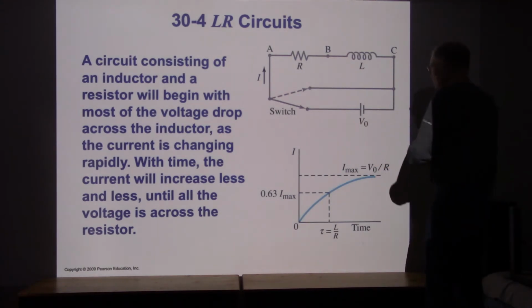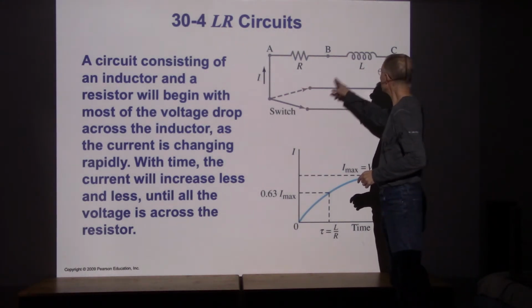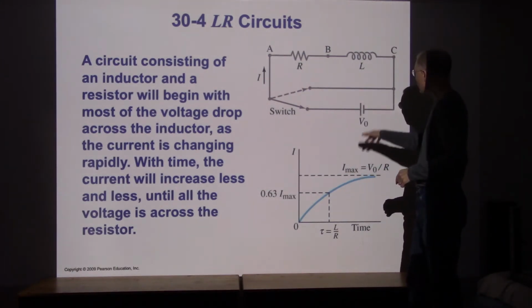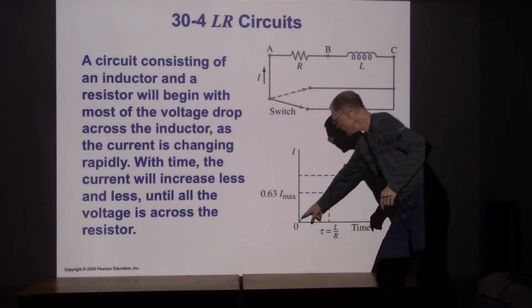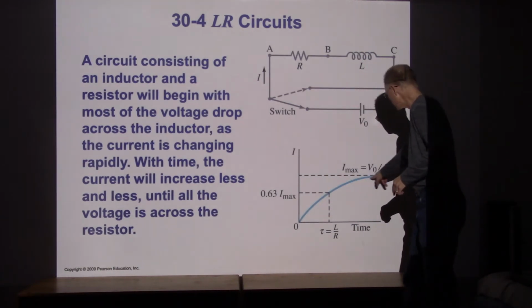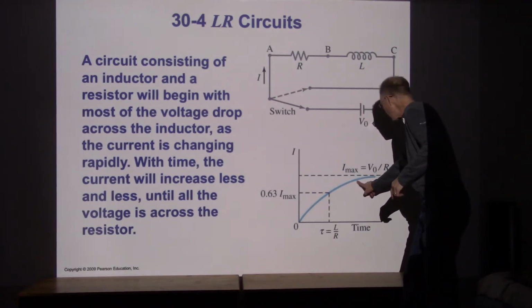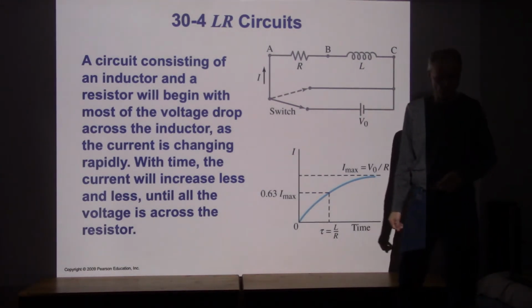Here is the graph. When we have an inductor and a resistor in a circuit, instead of having the current jump immediately to some value, it's going to follow one of our upside down exponential functions.